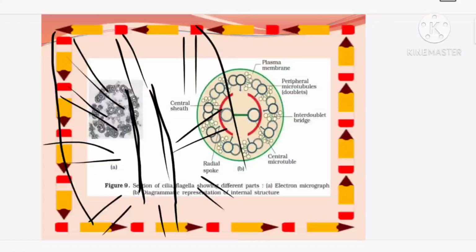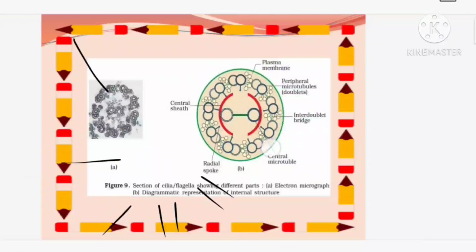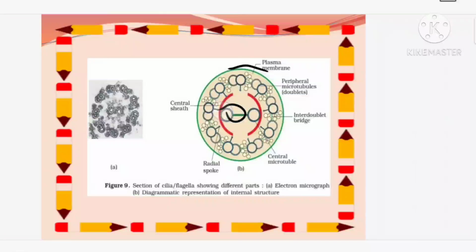So how are the tubules represented in a cross section? I have kept the cross section over here. In the center you can find two tubules present. This is one tubule and this is another tubule. They are connected by a bridge.